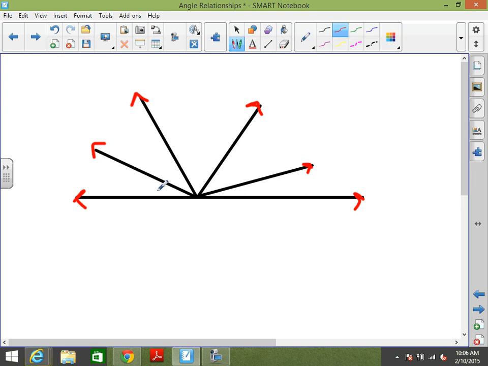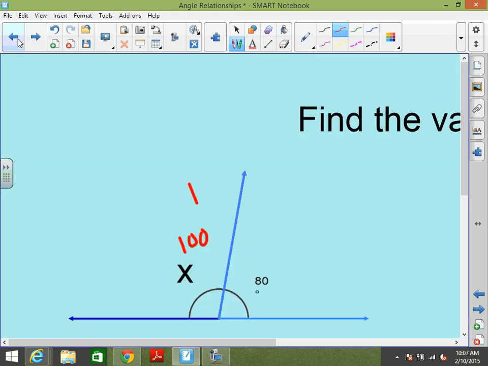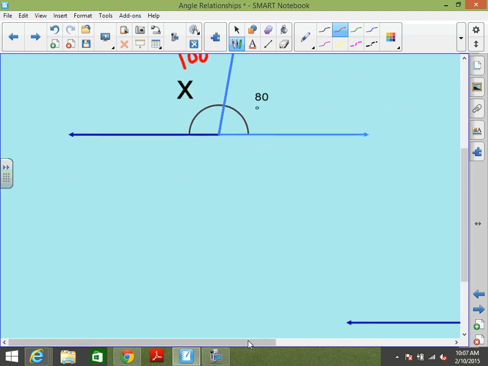If I add up this angle plus this angle plus this angle plus this angle plus this angle, they all add up to 180 degrees. Okay? So it can get very, very complicated, or it can be kind of plain and just have one kickstand. You just have to know that it all adds up to 180.